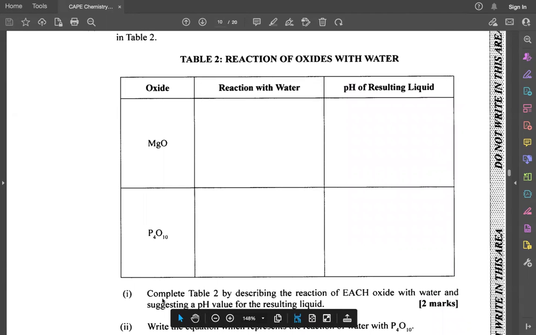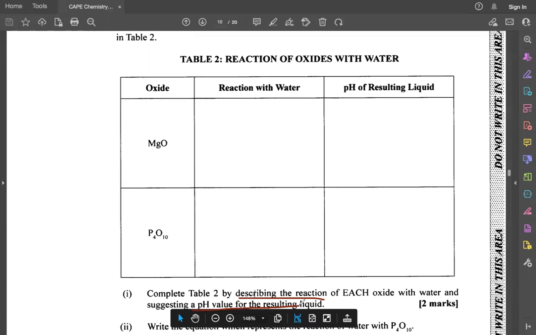And so the first question is saying complete table 2 by describing, right? So just describe the reaction of each oxide with water and suggest a pH value for the resulting liquid. So we just have to describe what would happen, not so much write an equation at that point, right? So we're just gonna describe the reaction of each oxide with water, and then we're gonna suggest a pH value, right, for the resulting liquid.